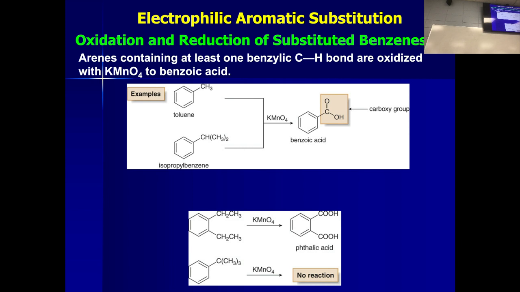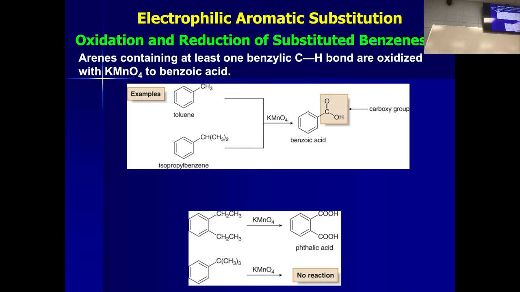So I can take a primary alcohol and I can oxidize it to a carboxylic acid using which reagent? Jones reagent. Chromium trioxide, sulfuric acid, and water, right? We can do that. Well, here's another way that I can make carboxylic acids. I can take aromatic compounds that have benzylic carbons with hydrogen, and I can oxidize them to carboxylic acid.